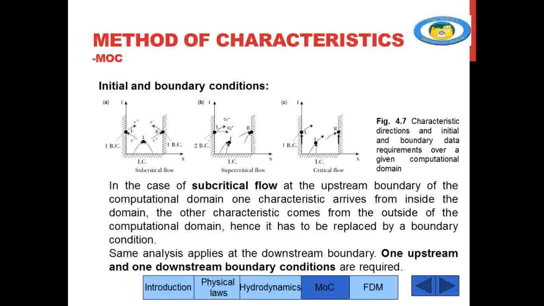Of course, in any case it's at the upstream side, but two boundary conditions for supercritical flow. But for subcritical flow, just one boundary condition at both sides, the left side and the right side.